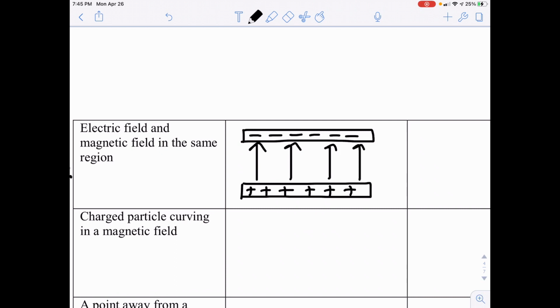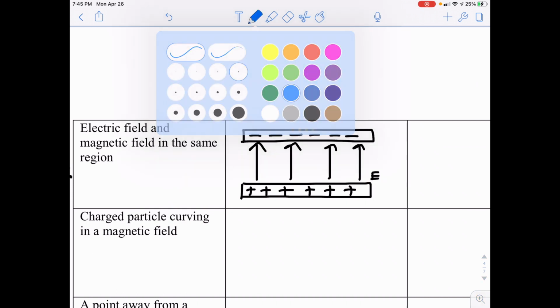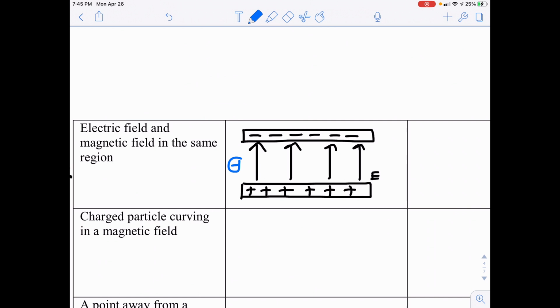We can see the electric field is directed upward. Now, to have an electric field and a magnetic field in the same region serves the purpose of allowing a charged particle, say an electron, to pass through undeflected. Pass through in a straight line.